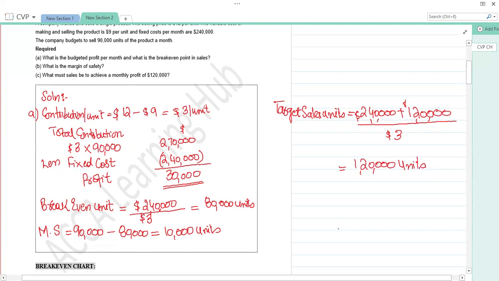Okay. You can also check these units. How? I already calculated the contribution per unit.